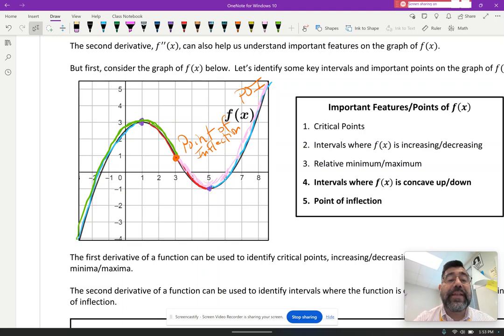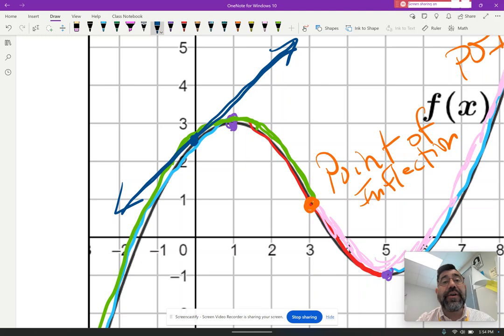Later, we're going to find out that concavity can also help us analyze tangent line approximations. So if you recall, before we had used a tangent line, for example, a tangent line like this, to approximate the curve.